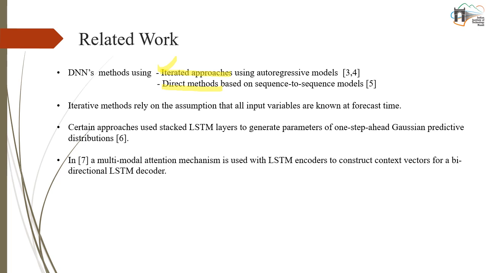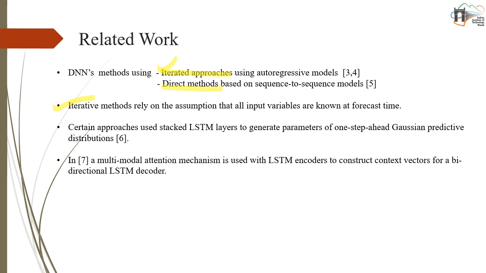This is where the issue affects our mechanism, because this assumption restricts their effectiveness in practical scenarios, where numerous useful time varying inputs exist, with many being unknown in advance. So this assumption is a drawback of these iterative approaches, and we need a good method which deals with these time varying inputs more effectively.